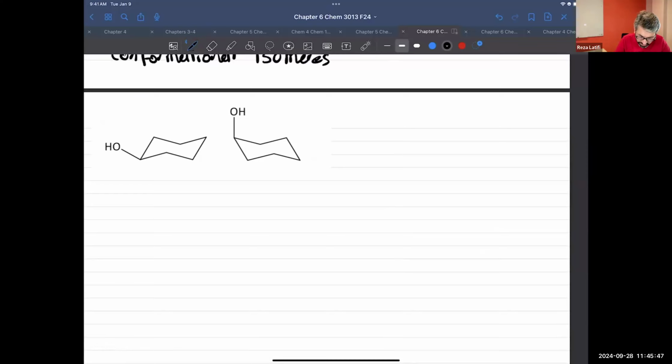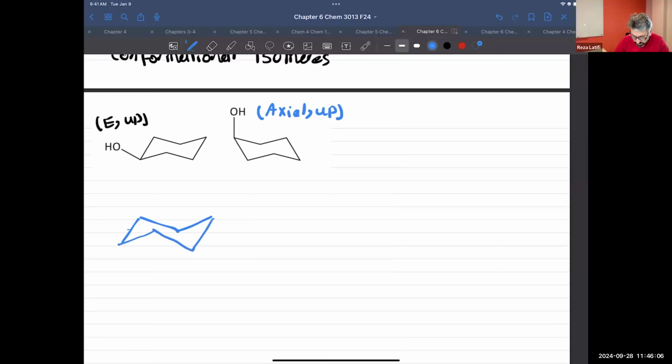Here we have OH in equatorial, and it's pointing up. The second one, we have OH in axial position, and it's pointing up. Let's take the first one. So the first structure is going to be this, and we have OH in this position. And we're going to do a ring flip.